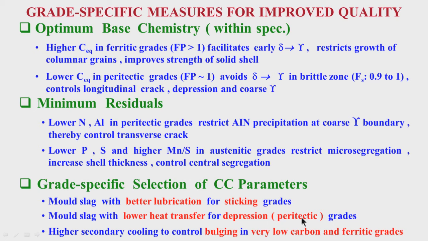But a peritectic grade like, say, 0.1% carbon, or in the stainless steel family the 304 grade, indicates depression. So it is a grade which shows a lot of surface depression. So what do you have to do? Why are there a lot of surface depressions? Because this delta to gamma transformation takes place at the crucial brittle zone between LIT and solidification completion.